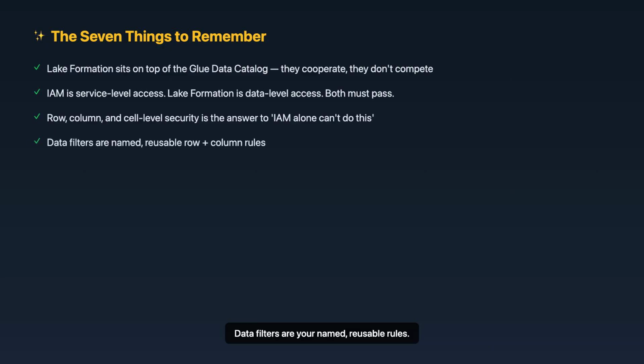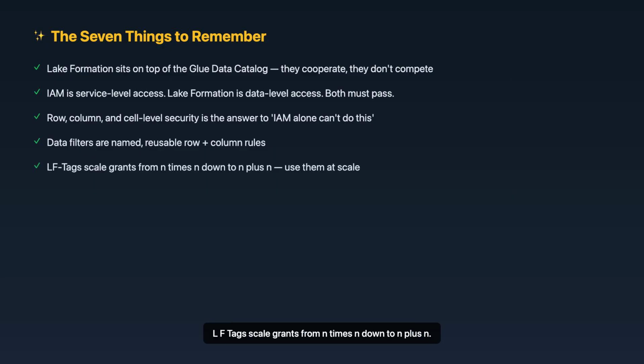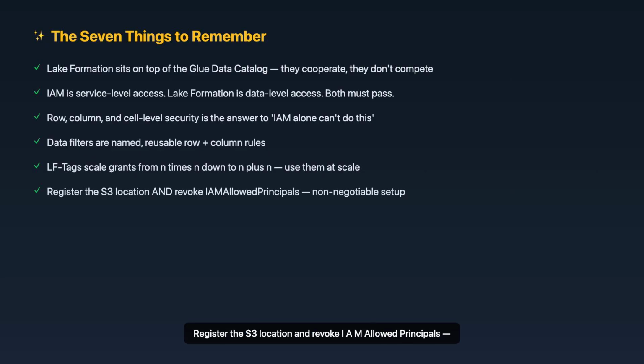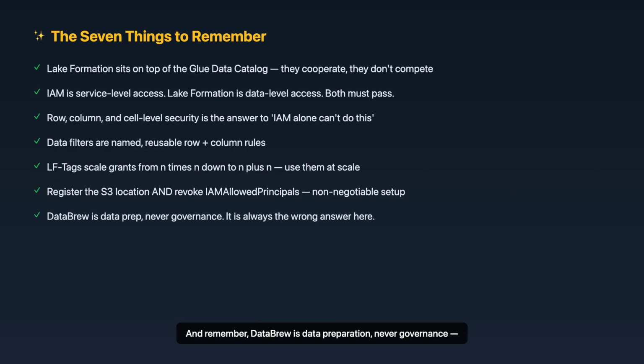Data filters are your named, reusable rules. LF tags scale grants from n times n down to n plus n. Register the S3 location and revoke IAM Allowed Principals. Those are non-negotiable setup steps. And remember, DataBrew is data preparation, never governance. It is always the wrong answer here.